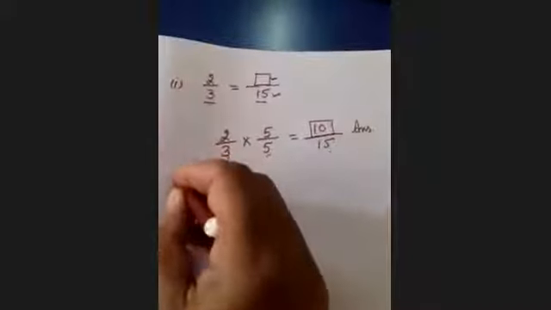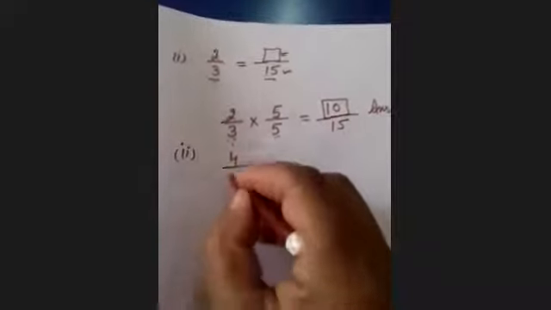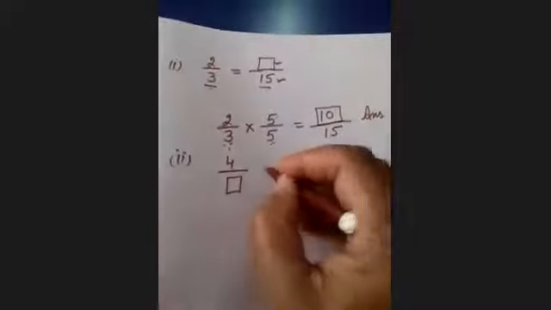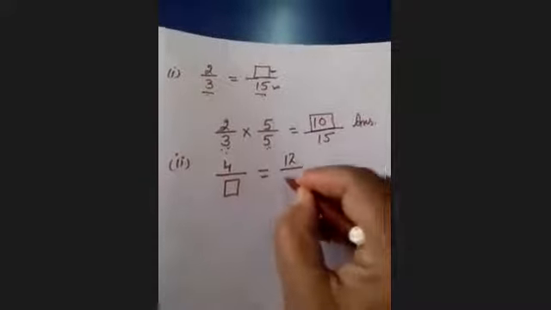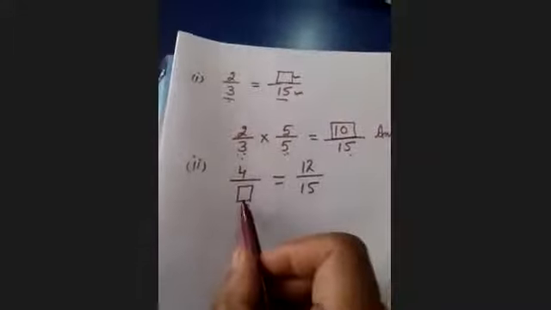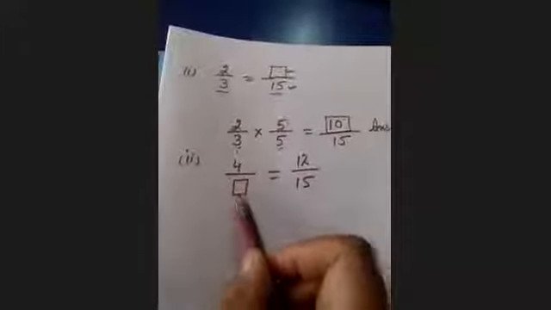Clear, students? Next is 4 upon blank is equal to 12 upon 15. Yes, friends, now fill this space. Here our numerator is 12 and we need to find the denominator.